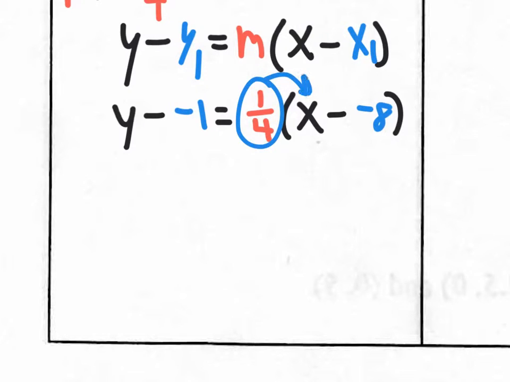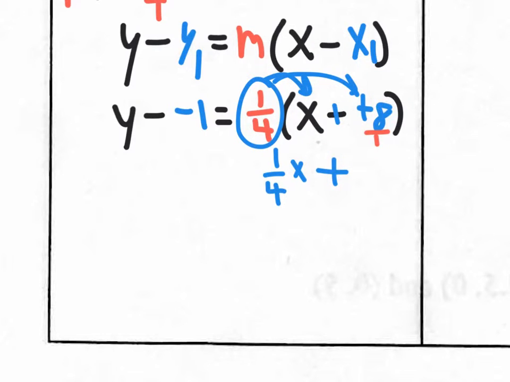So 1/4 times x is simply 1/4 x. 1/4 times, and this is really a plus 8 because a minus minus changes to a plus plus. So I really have a plus, and if you're confused about multiplying a fraction times a number, it's easy. Put it over 1 and go ahead and multiply the top number with the top number and the bottom number with the bottom number.